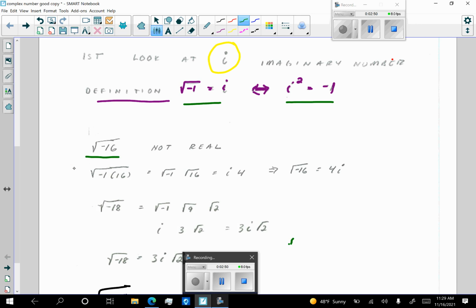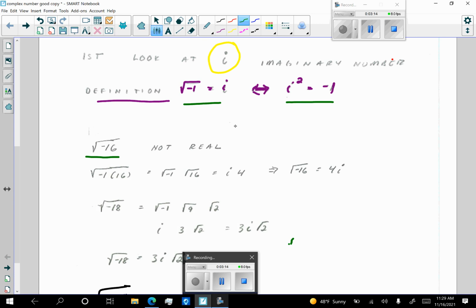We've been very specific that you cannot take the square root of a negative number. In the realm of real numbers, you can't. Now that I have this new definition of i, I can take the square root of a negative. I can simplify a square root that has a negative radicand.